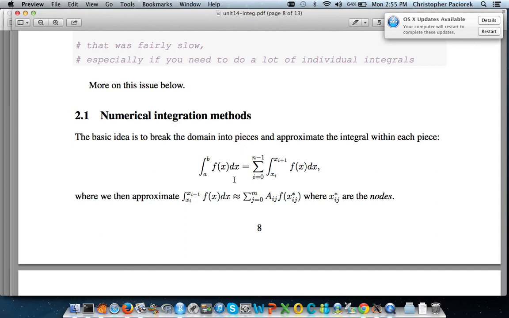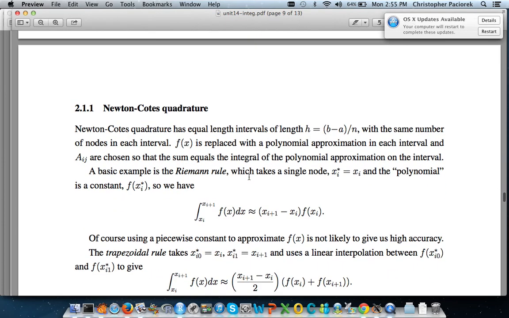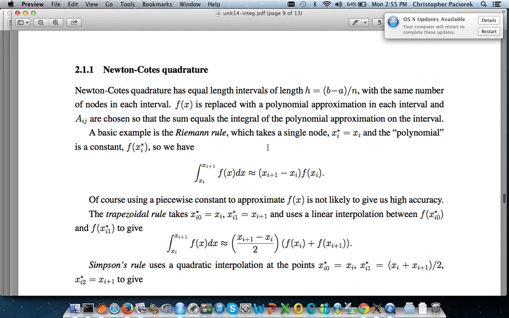The generic algorithm is that I choose these values that I denote as the x_ij stars, evaluate the function at those places, and then have some coefficients that allow me to combine the information from these different points and estimate the integral. That may not have sounded all that clear, but I think it will be clear once we see a few examples.